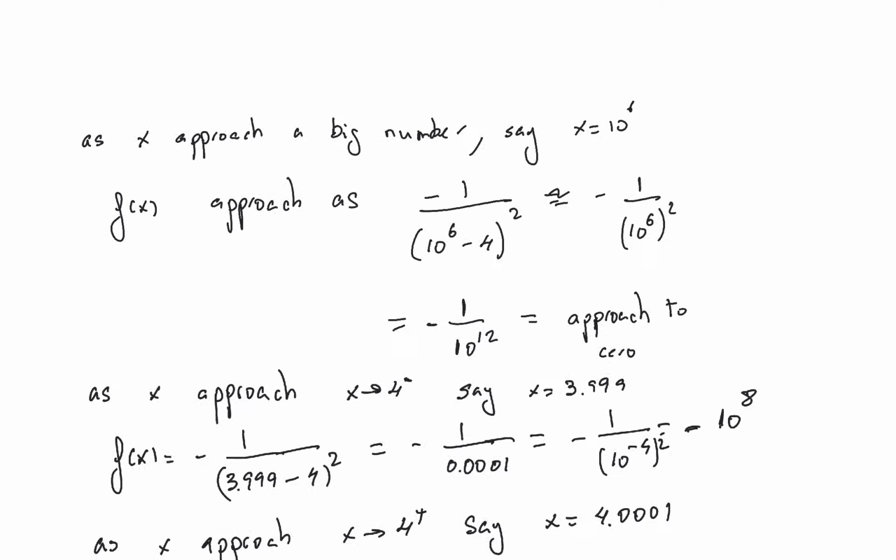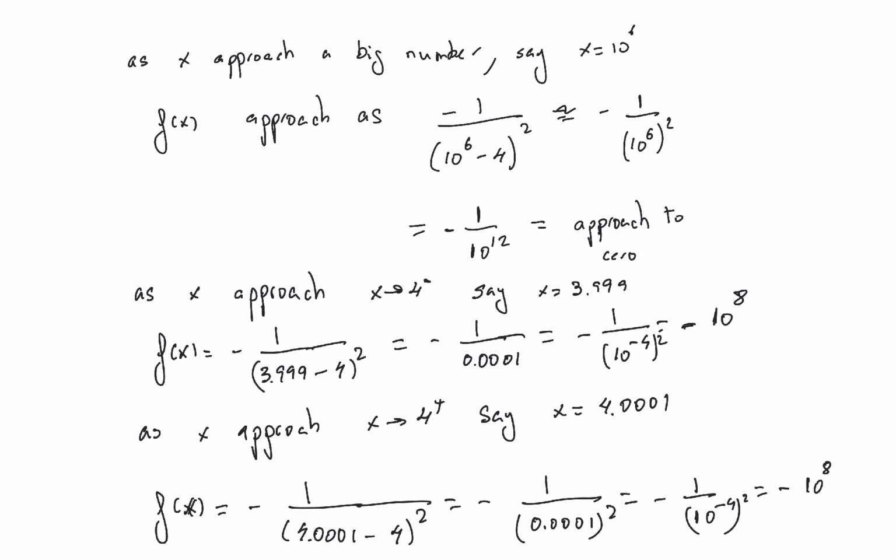To solve the problem, when x approaches 4, let's say that x is 3.9999. To what will the function approach? If x approaches 3.99, it means 4 from the negative side, the limit from the left. The function will take the value minus 1 divided by x minus 4 squared. The point x is 3.99, minus 4 is 0.001, squared.